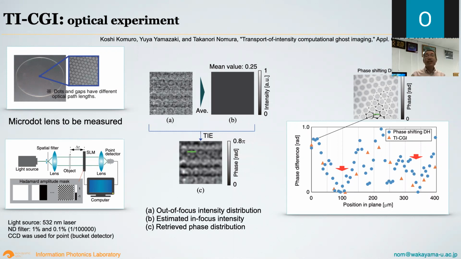In this case, the SLM is 64 by 64 pixels, so the resolution is not so high. But I hope you agree the phase differences are similar to each other. So this experimental result confirms our idea.